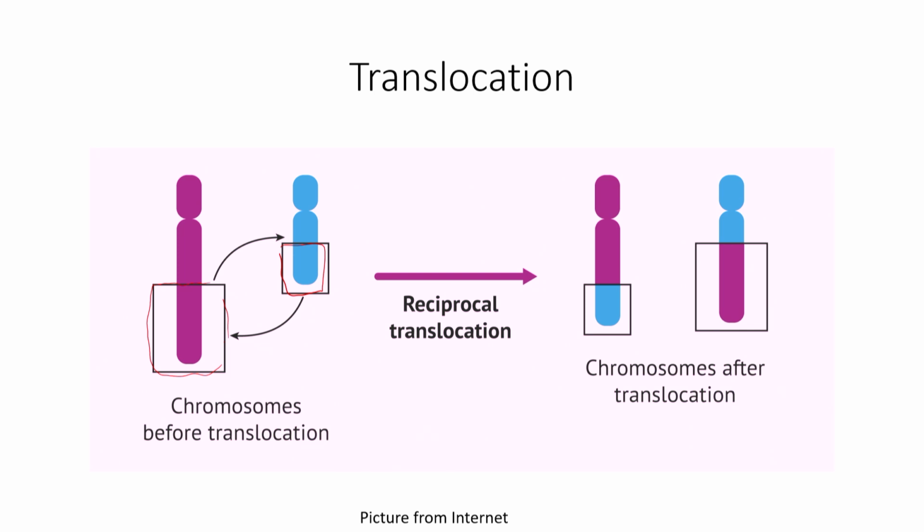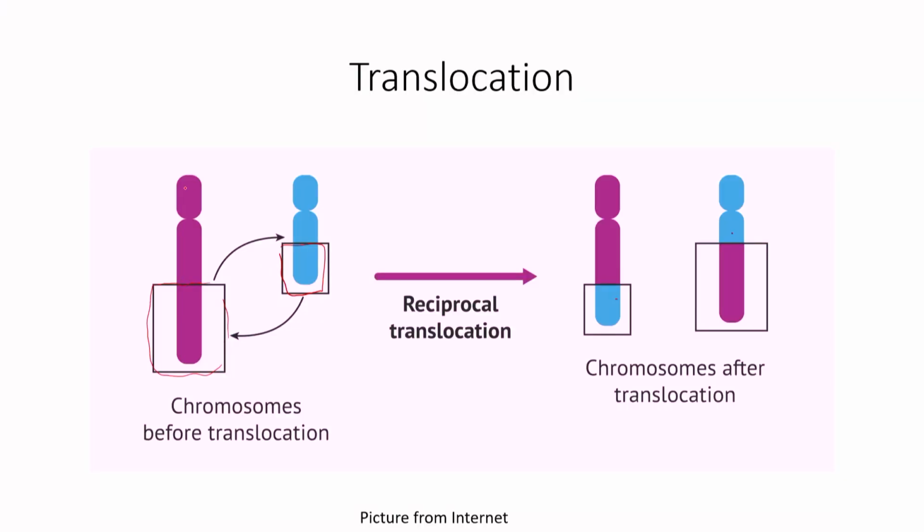When such translocation occurs in heterozygous condition, that means out of the 2 chromosomes, if I go back to the slide, this is one chromosome where translocation occurred, and its homologue is normal.